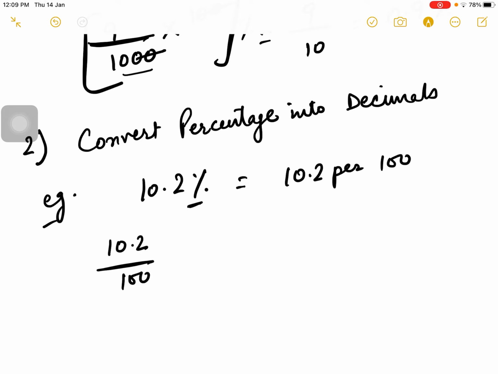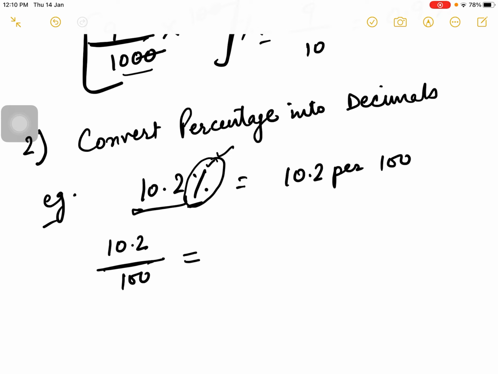So basically, when we have to remove the sign of percentage, we divide the given data by 100. Now we have to convert the percentage into decimal form. Okay, so son, very easy.